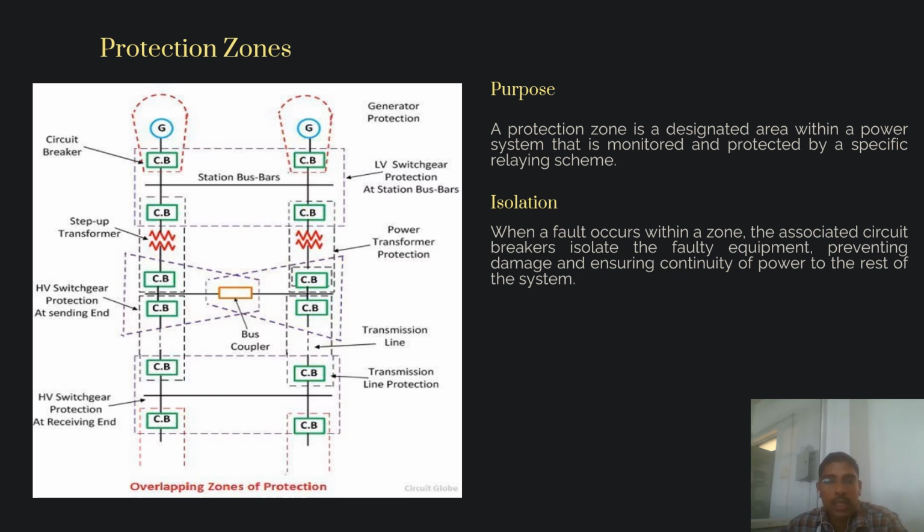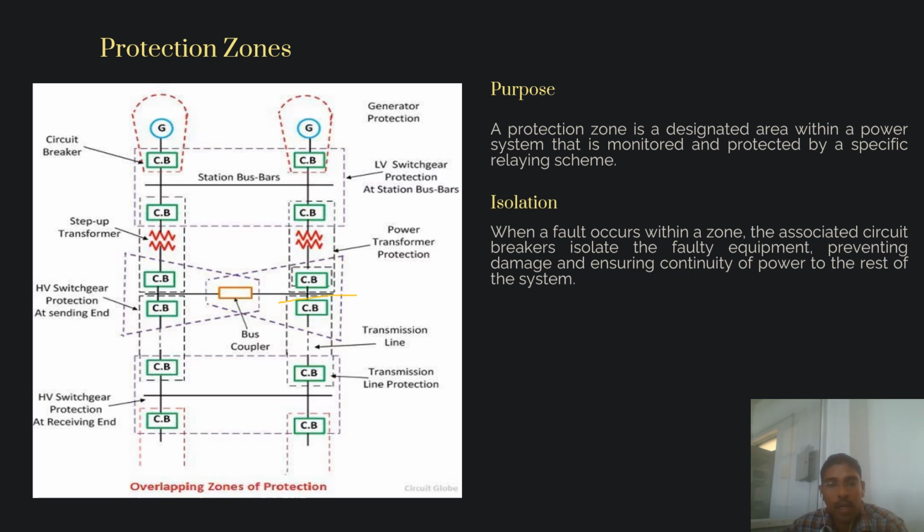As far as protection is concerned, we have two classifications: individual component protection, element protection, and overlapping protection. One is in terms of individual protection, you can say generator alone protection, transformer alone protection. You can see this particular diagram which clearly indicates that.